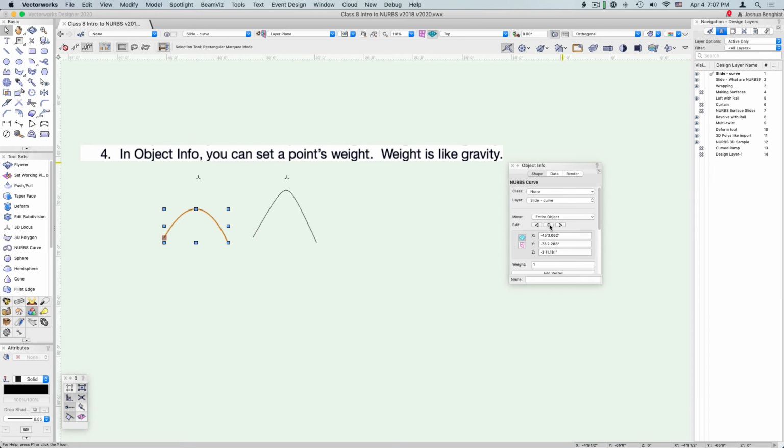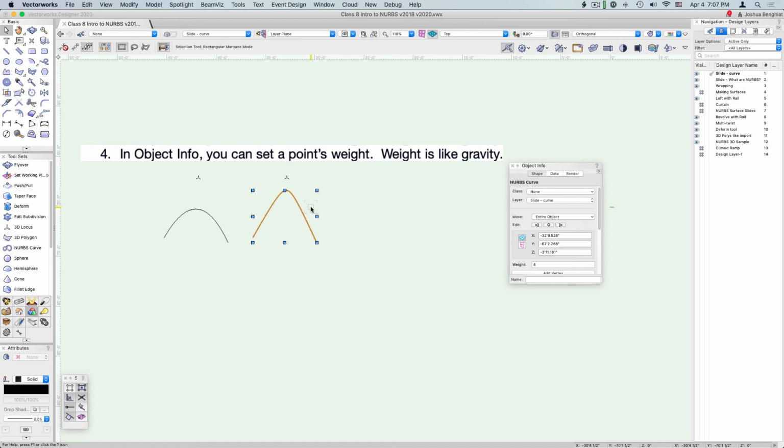So this is the first point. If we advance to the second point, we see this has a weight of 1. If we go over to this curve, that center point has a weight of 4. So that curve is drawn more to that point.